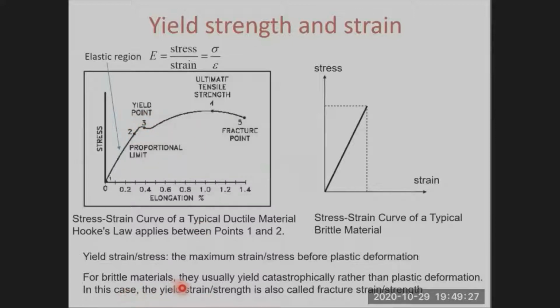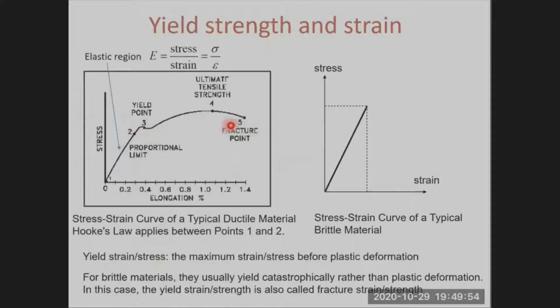So in this case, the yield strain and the yield strength are also called the fracture strain and the fracture strength. Please know that for ductile material, yield strain and yield stress are different from fracture strain and fracture strength, right?